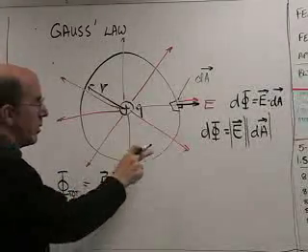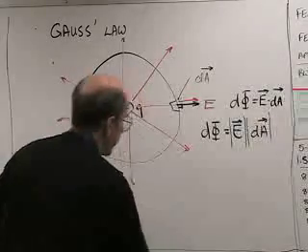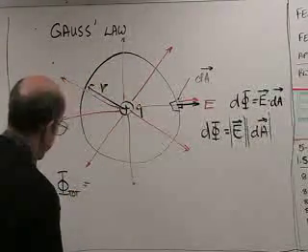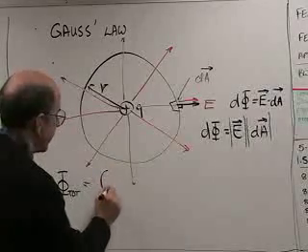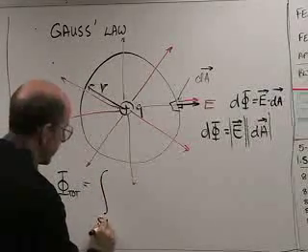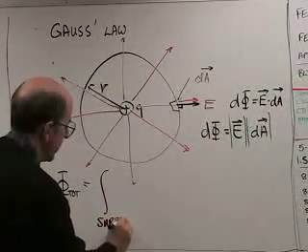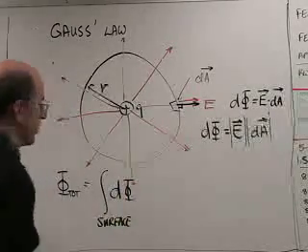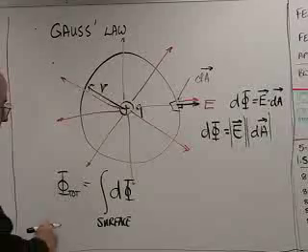So we're going to calculate the total flux for the entire sphere by writing down that the total flux is the integration over the entire surface of the sphere of these little increments of flux d phi.